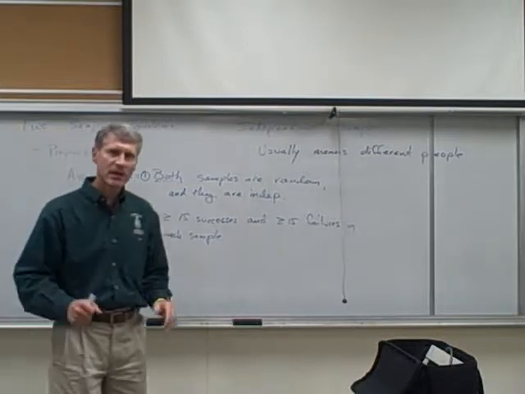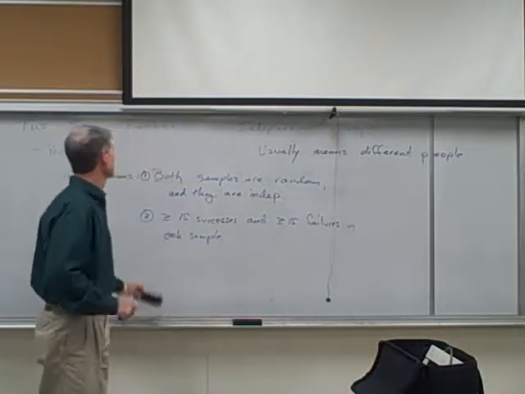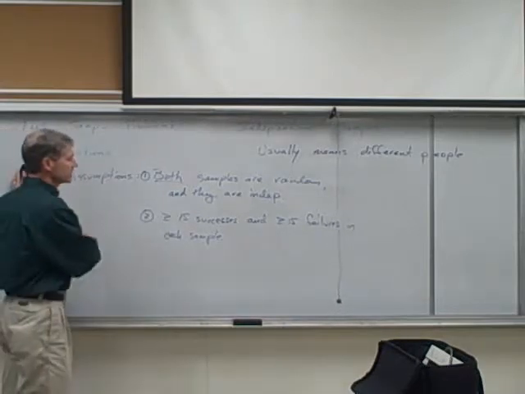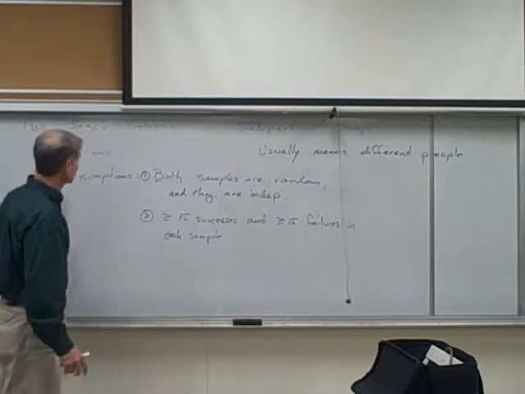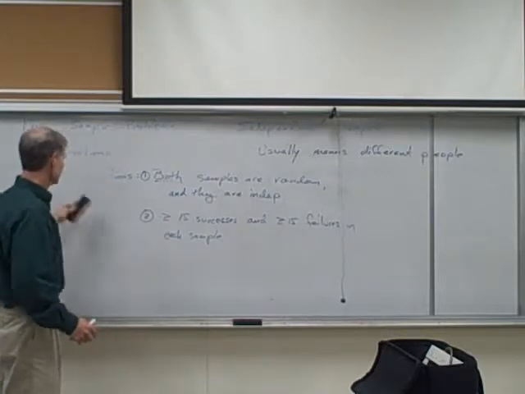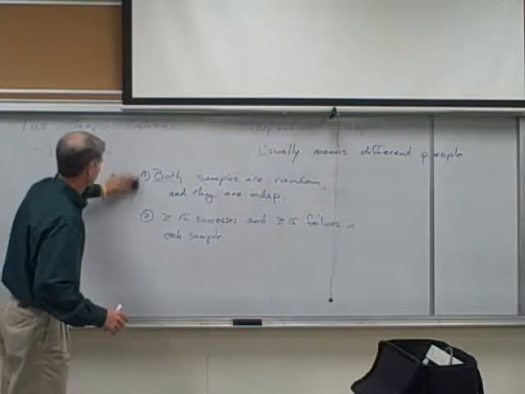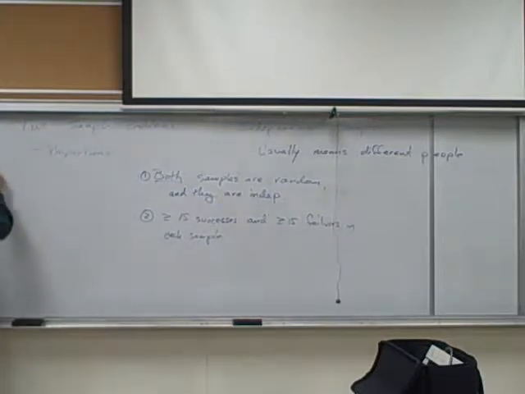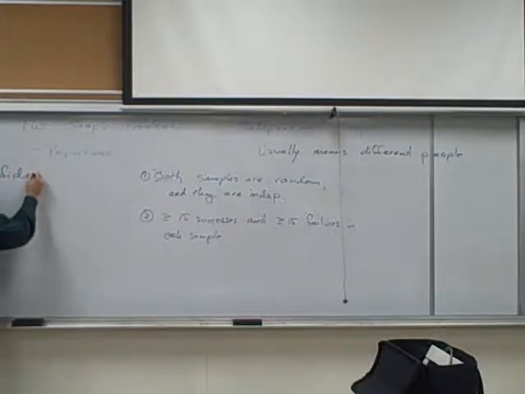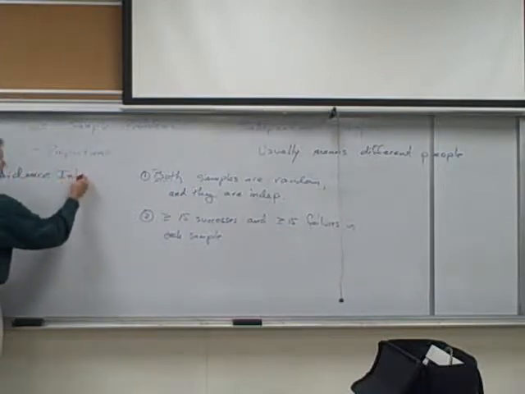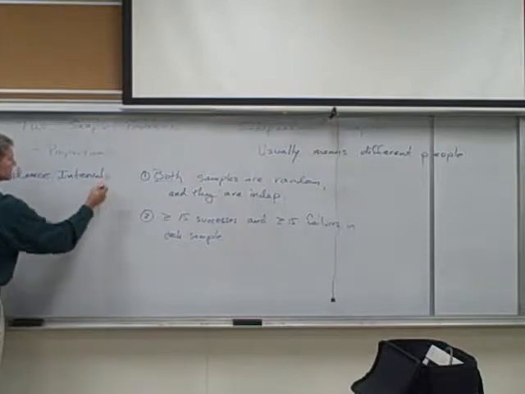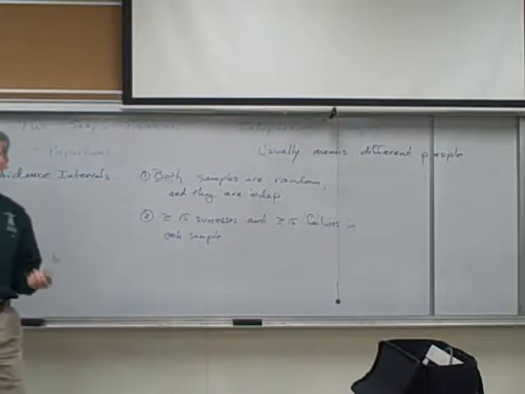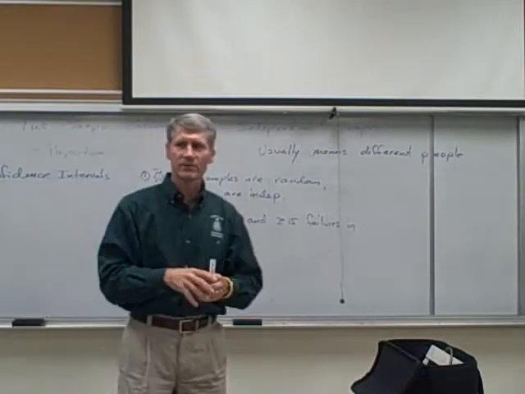Okay? Now, let's talk about confidence intervals. If I have a 2-sample proportions problem and I want a confidence interval, we need to build the formula for computing a confidence interval. Now, in general, what do all confidence intervals look like?